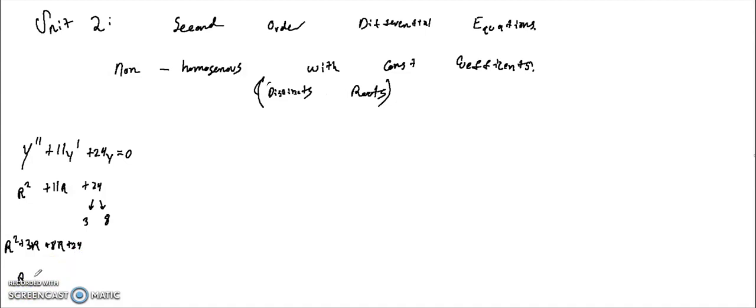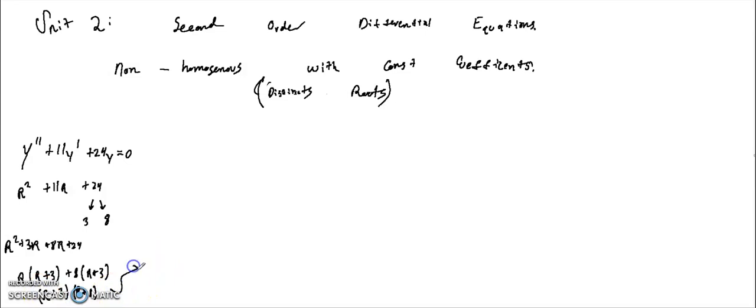And we end up getting r times (r plus 3) plus 8 times (r plus 3). My writing is really bad today. So we get r plus 3 and r plus 8.